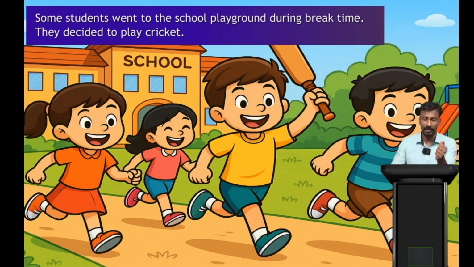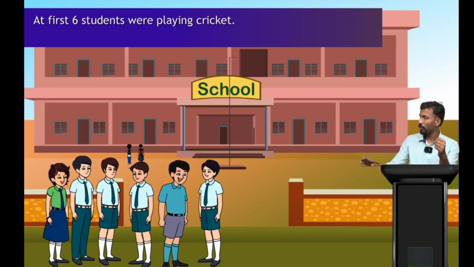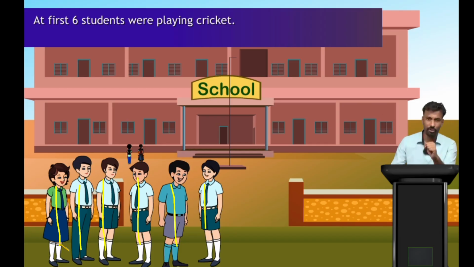They decided to play cricket during the leisure hour. Now look, there is a random school of our state Tripura. So there is a school. Now look, there is 1 2 3 4 5 and 6. Here we have seen that there are a total of 6 students.